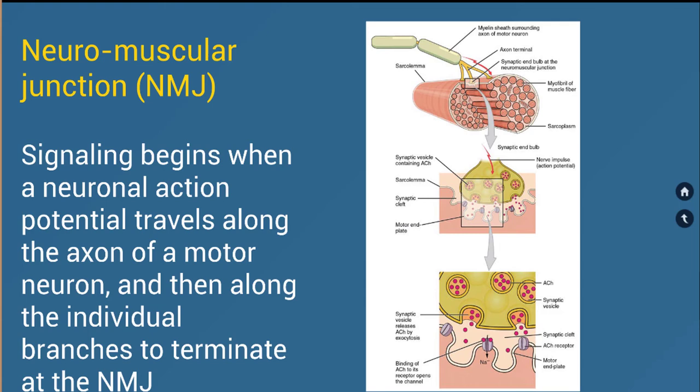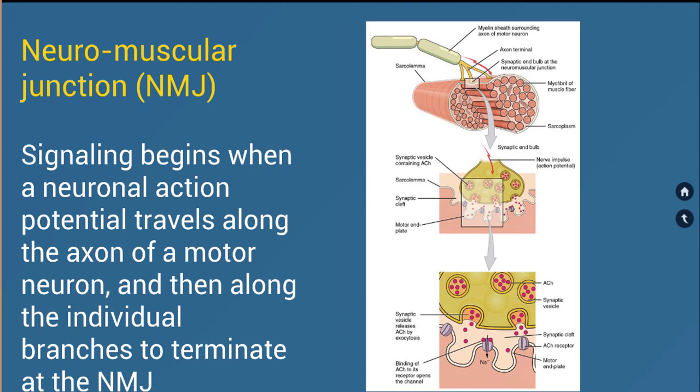Neuromuscular junction and muscle contraction. For a skeletal muscle fiber to contract, its membrane must first be excited. In other words, it must be stimulated to fire an action potential coming from the nervous system.